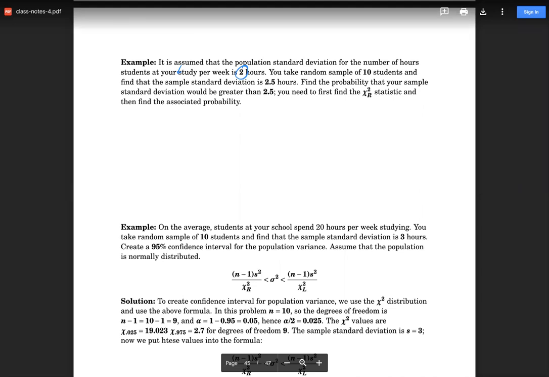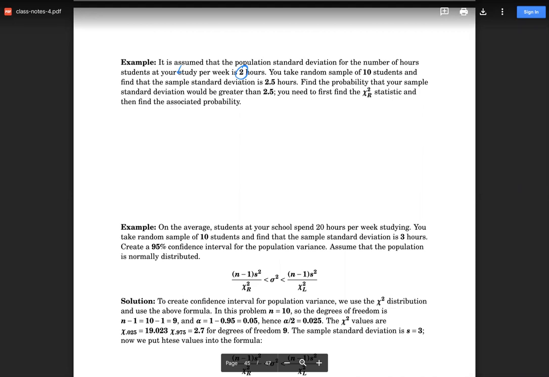Find the probability that your sample standard deviation would be greater than 2.5. You need to find the chi-square R statistic and find the... looks like I made this problem harder than it should be.